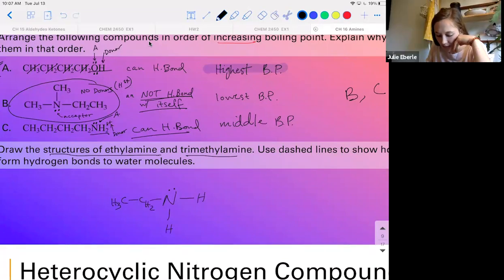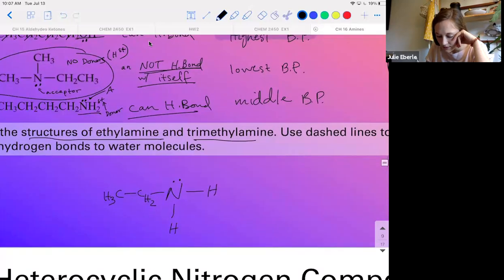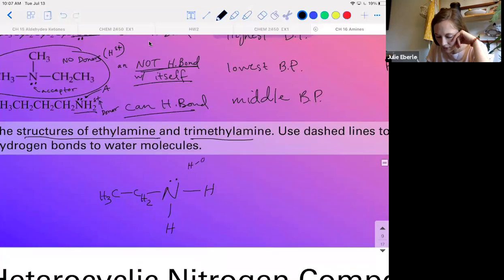Then I can get hydrogen bonds two ways. I can have the hydrogen on a water molecule. Actually, I'm going to do it like this. There's my water molecule. I could get a hydrogen bond. I'm going to draw a dashed line. I don't know if y'all can see that red very well. Between the hydrogen and the lone pair, that's one hydrogen bond. And then I have lone pairs on this oxygen of the water molecule, and it is attracted to this positively polarized hydrogen on my amine.